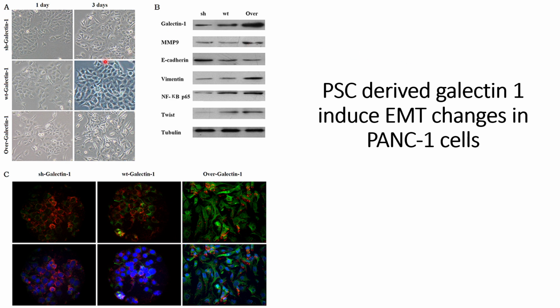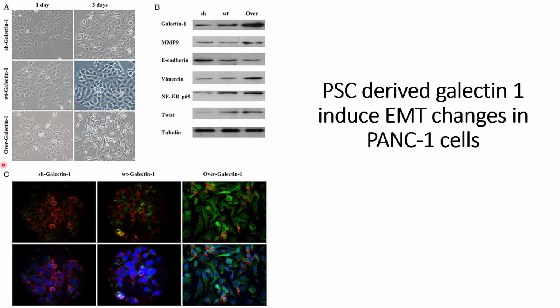When they co-cultured these different kinds of PSCs with the PANC-1 cells and checked the morphology of the cells, they found that in the case of wild type and in the case where Galectin-1 is knocked down, there is not much change in the morphology.